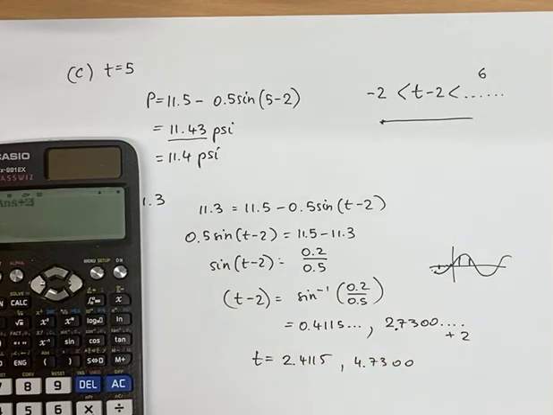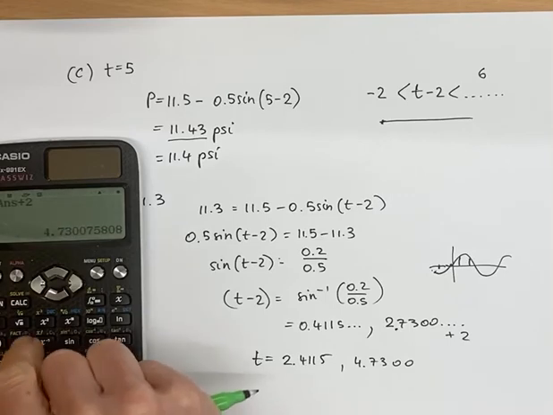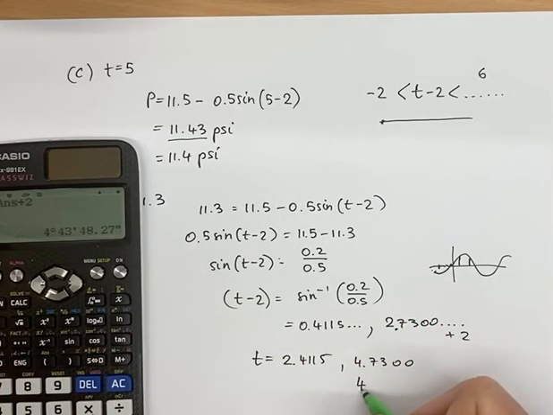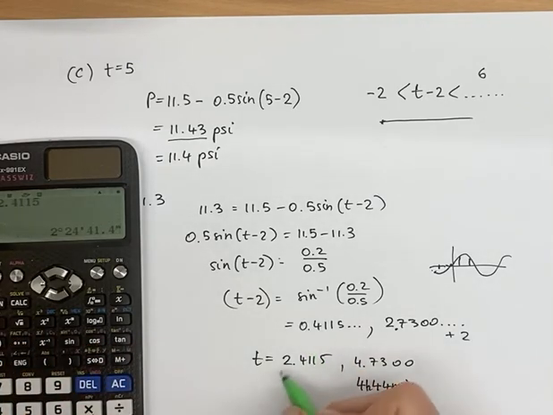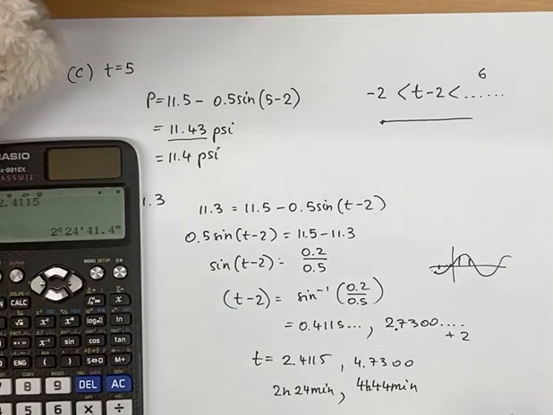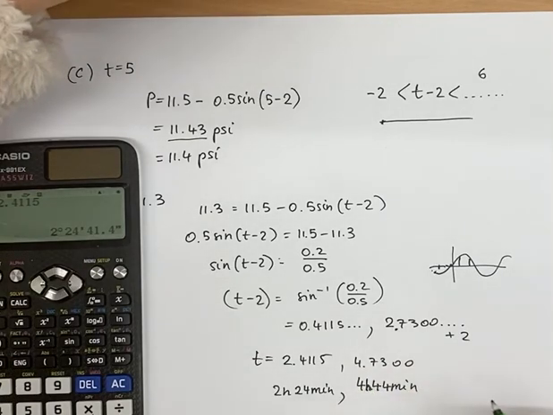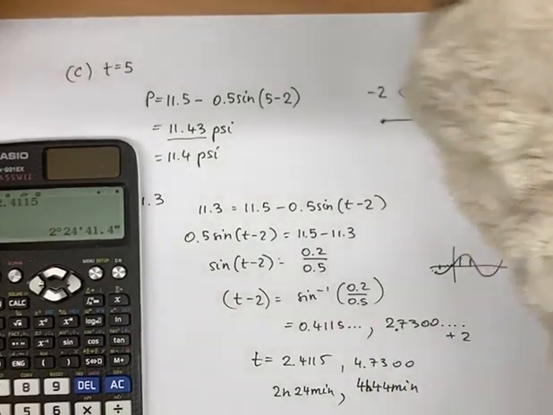So if you add 2 to this one first, that's going to give me 4 hours and 44 minutes, and this one, 2.4115, if I change it into minutes, it's going to be 2 hours 24 minutes. There you go. There's no other values, so let's just check.